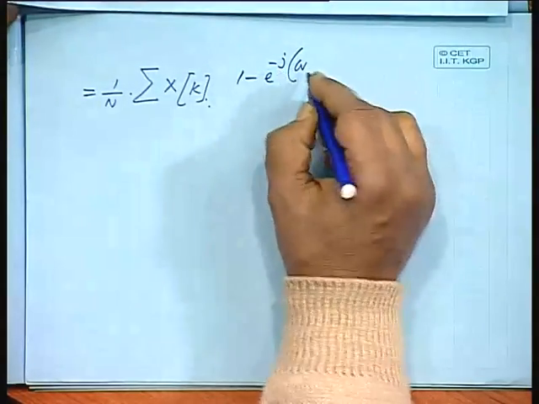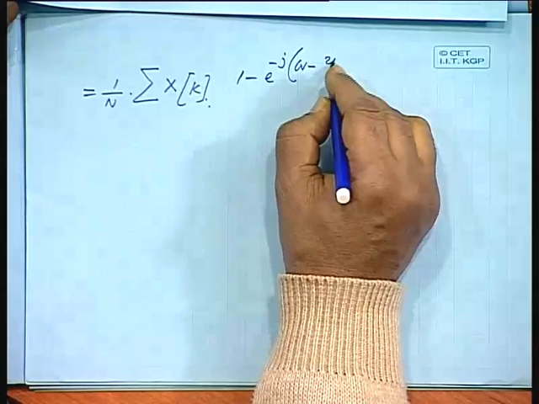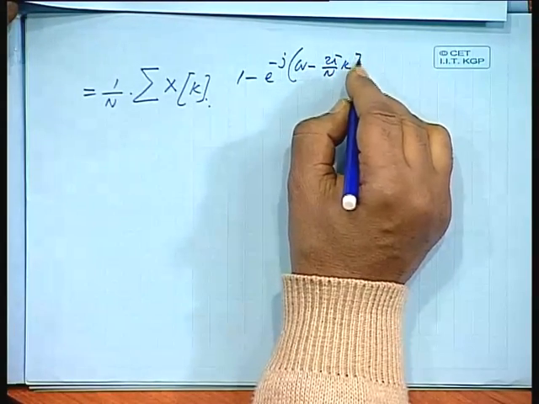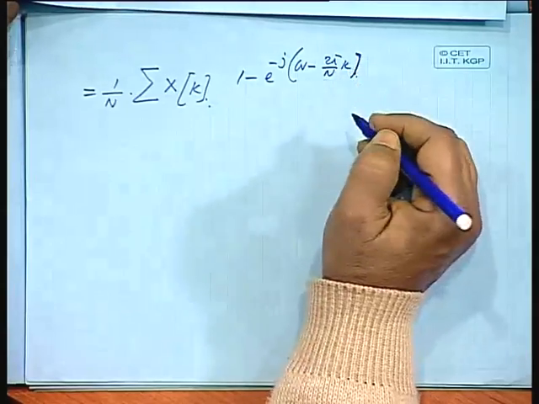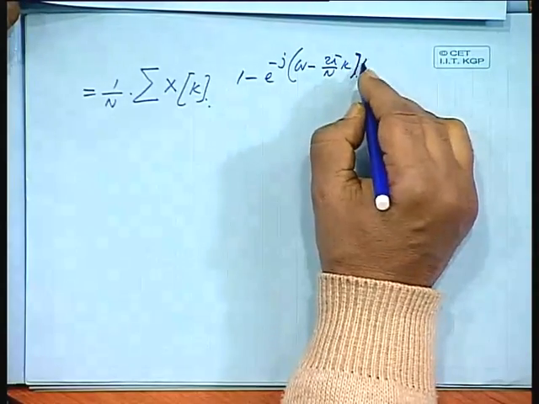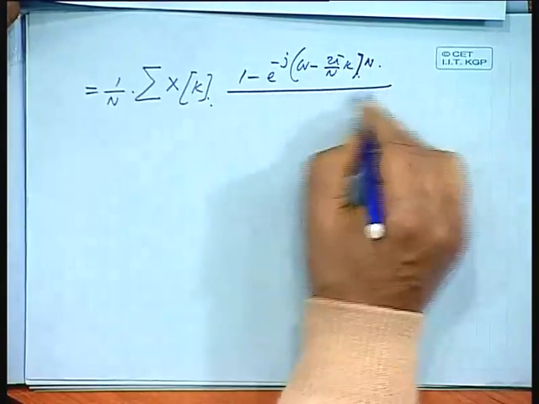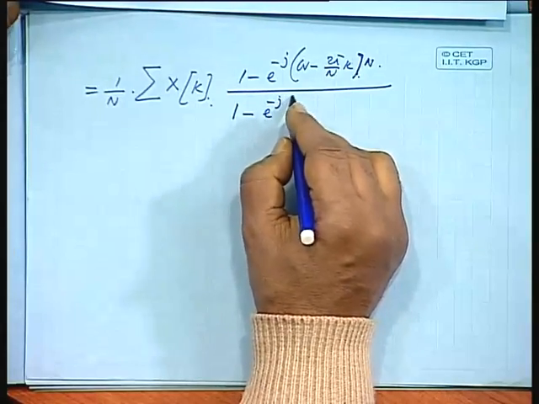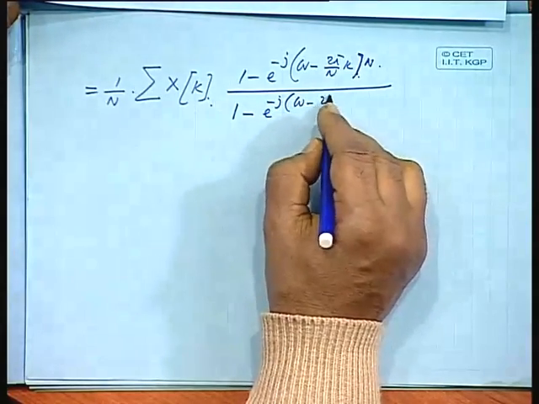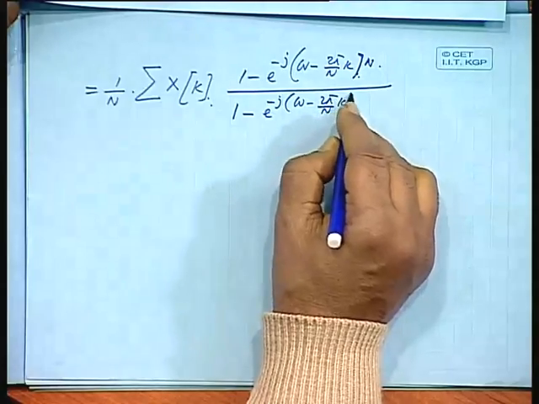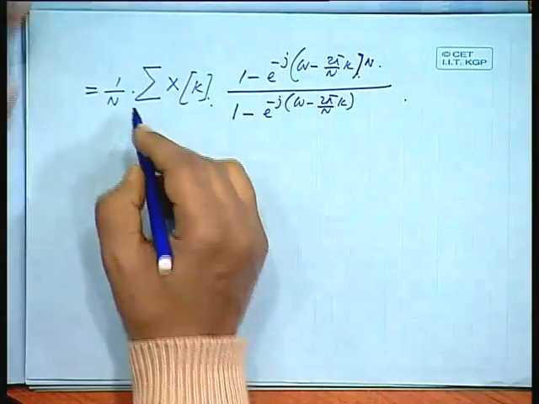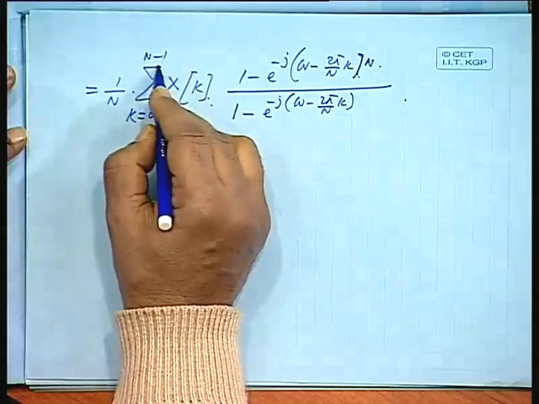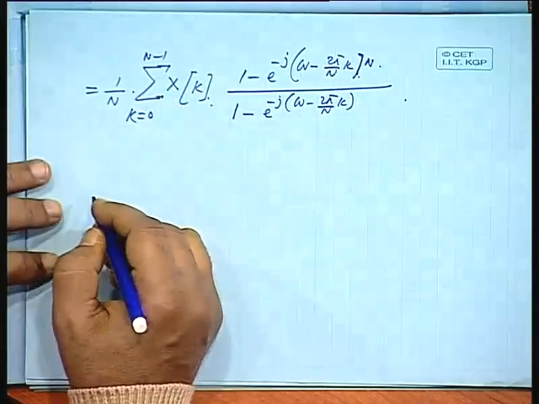So, I put a minus 2 pi by n k, okay, whole to the power n divided by 1 minus e to the power minus j omega minus 2 pi by n into k. Correct me if I am wrong. K equal to 0 to n minus 1. Is that okay?